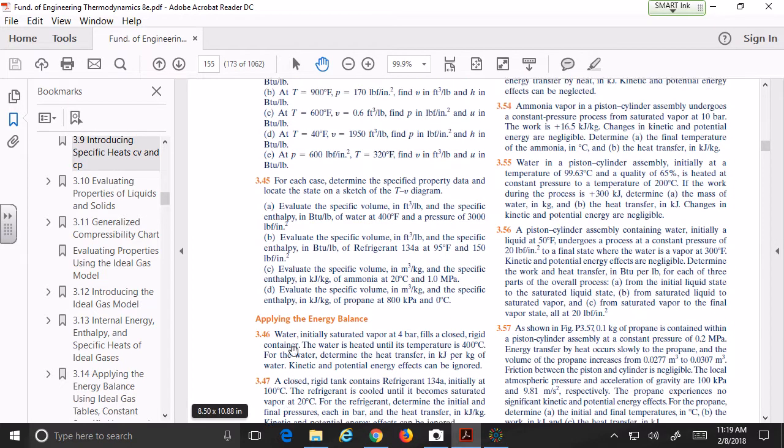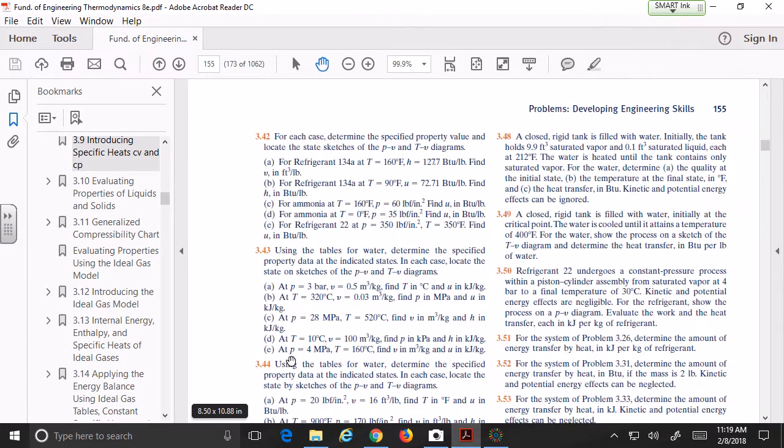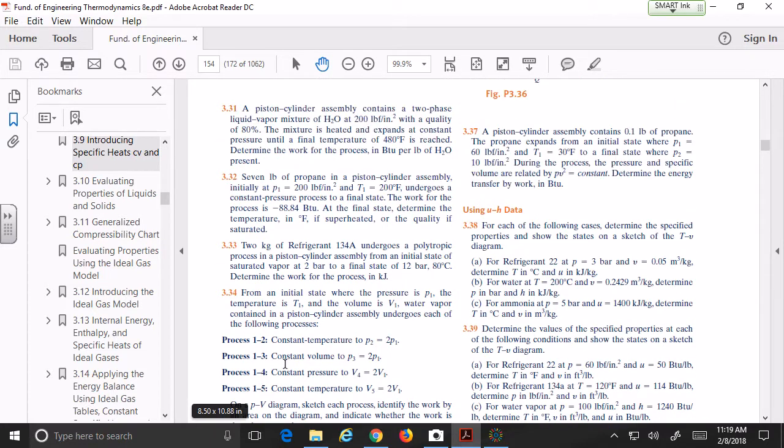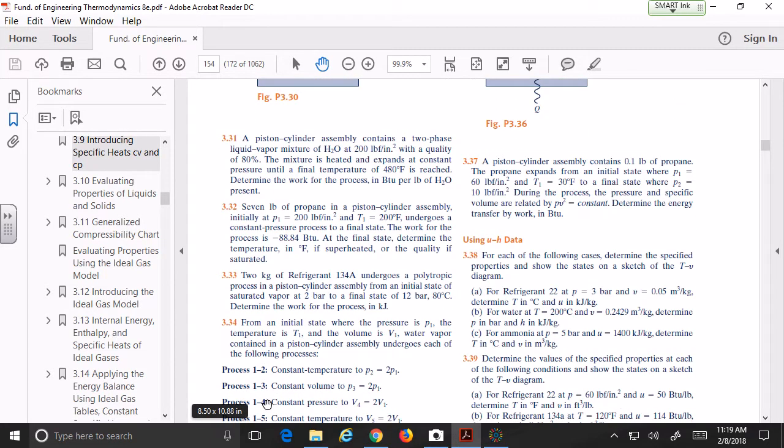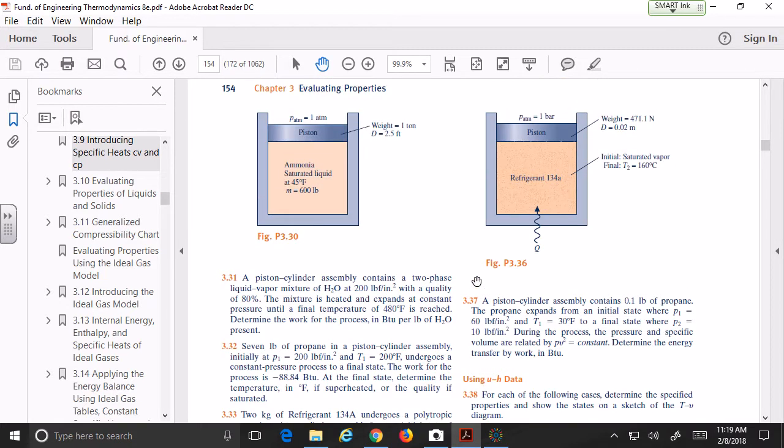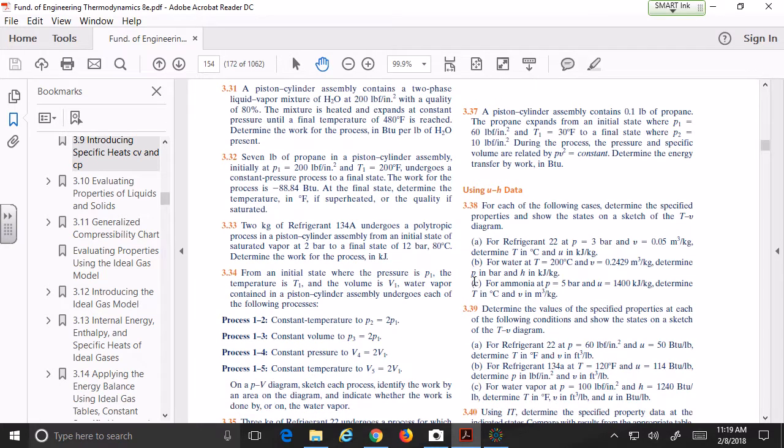So you pick. You want to do 332 or 333? 334.